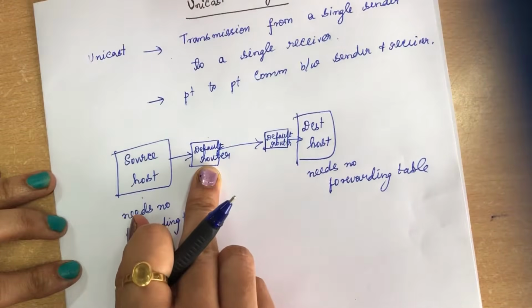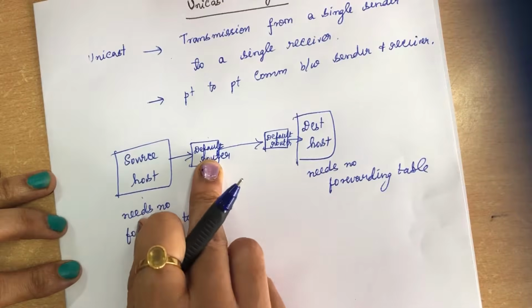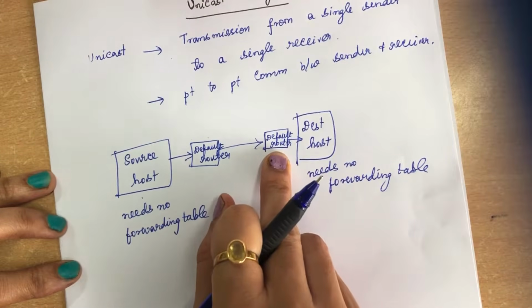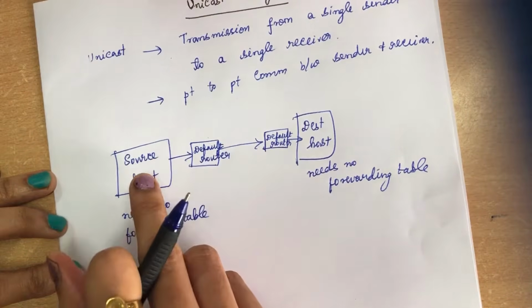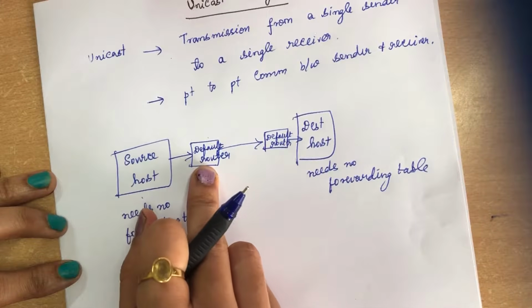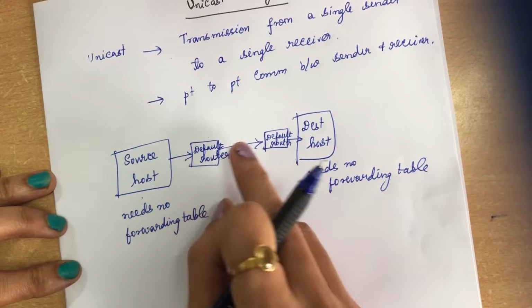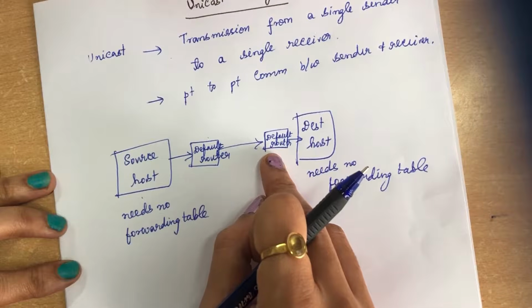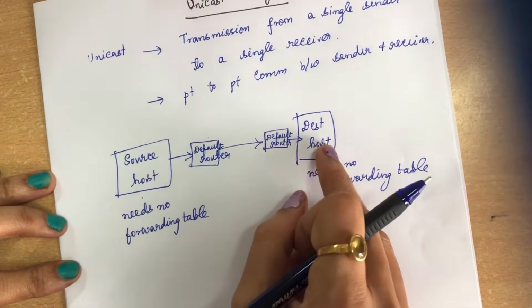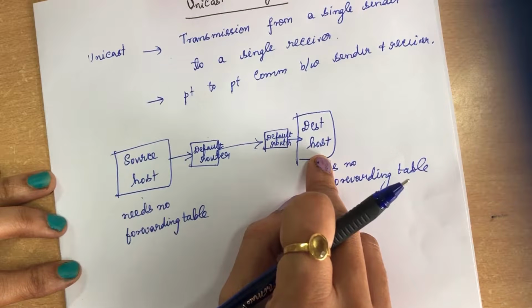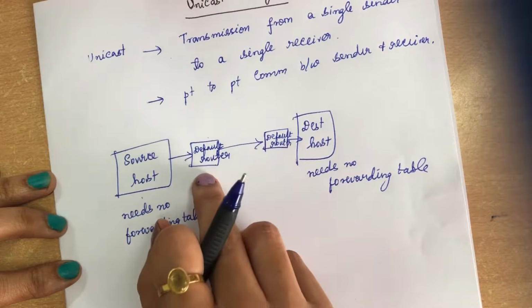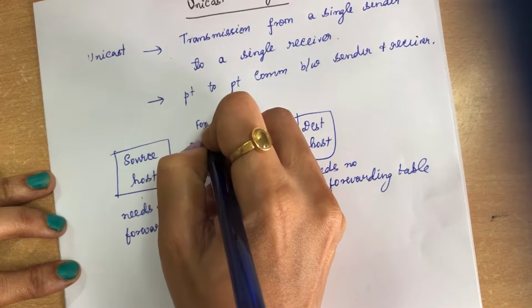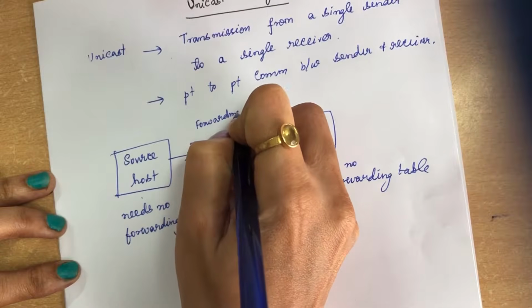So there will be a default router which is connected to the source host and there will also be a default router which is connected to the destination host. The source host will deliver the packet to this default router, which is connected to another default router of the destination, which will send the packet to the destination host. So here the default routers will have the forwarding tables.